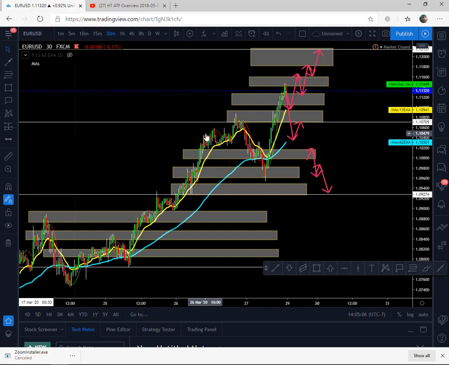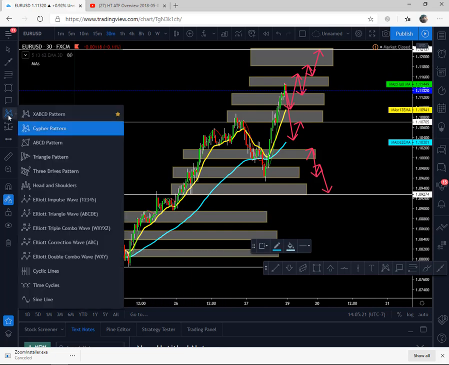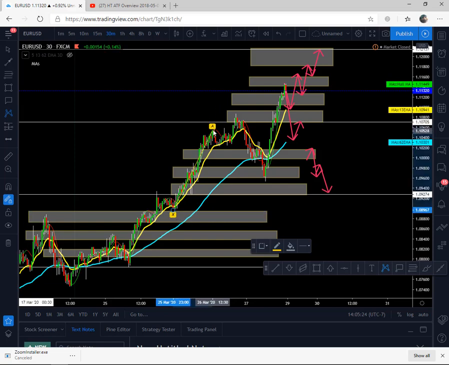So the only potential harmonic I see is this right here. It kind of seems like it's a shark pattern because it breaks the A structure. This one right here. Let me try to do it again. We have my swing high correction.